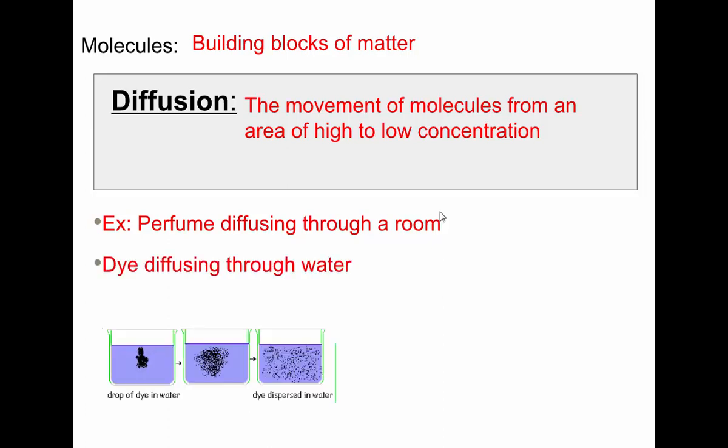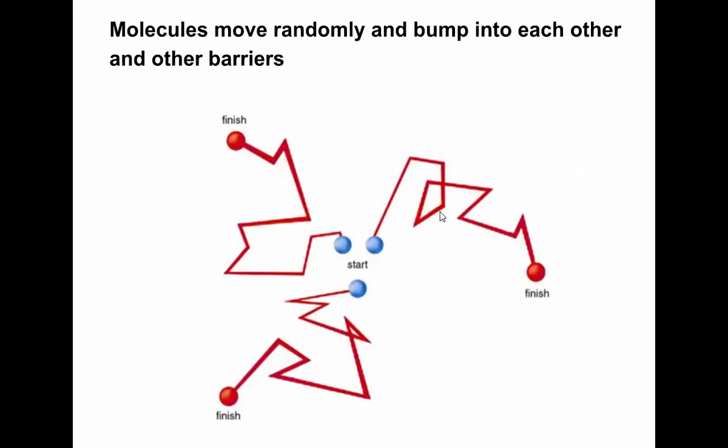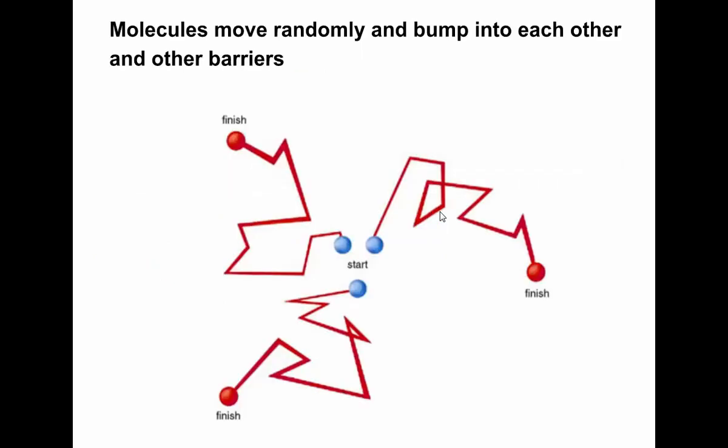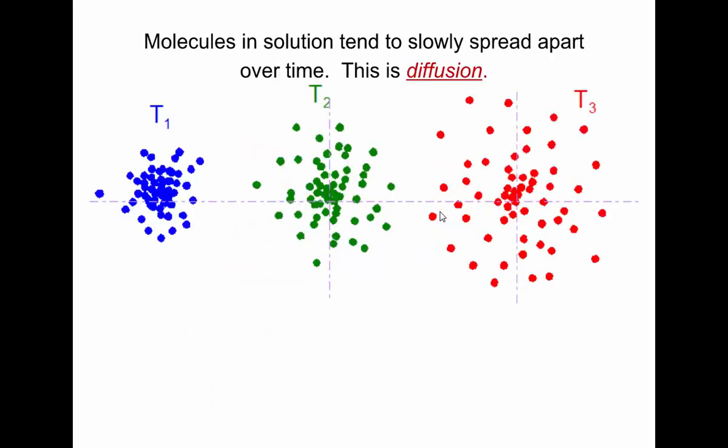The dye in the water is another example. And the reason this happens is because the molecules are bumping into each other. As they bump into each other, they tend to spread out into the areas of lower concentration. Like these molecules, they start clustered together, but they bump into each other till they spread out.